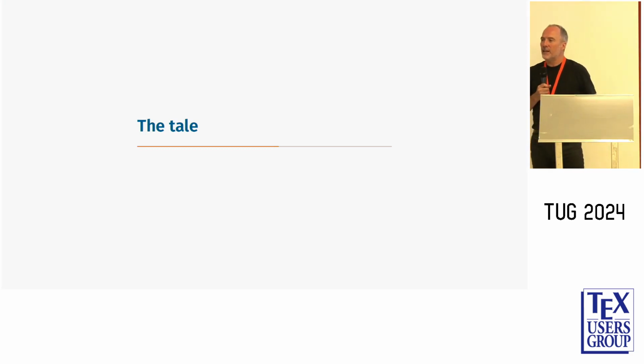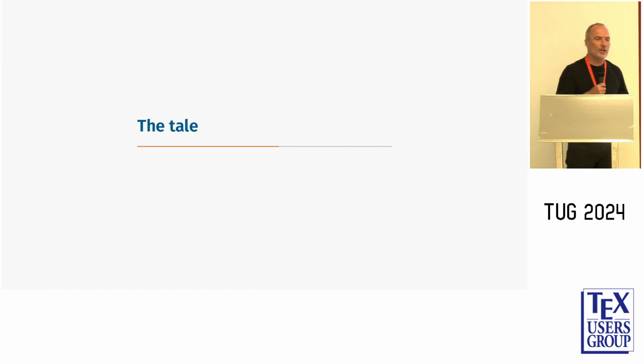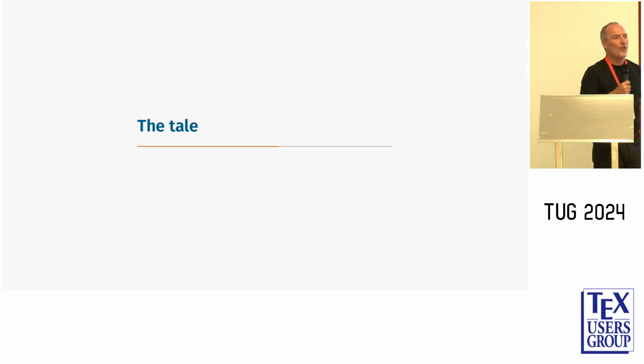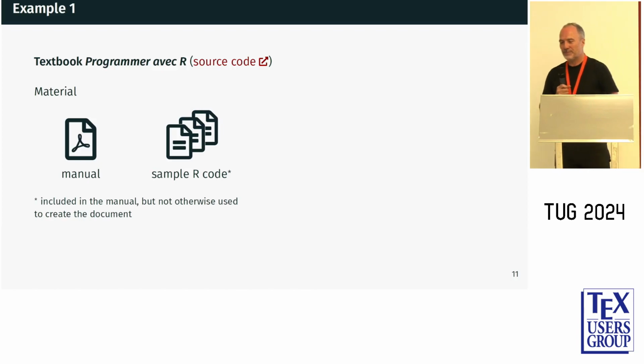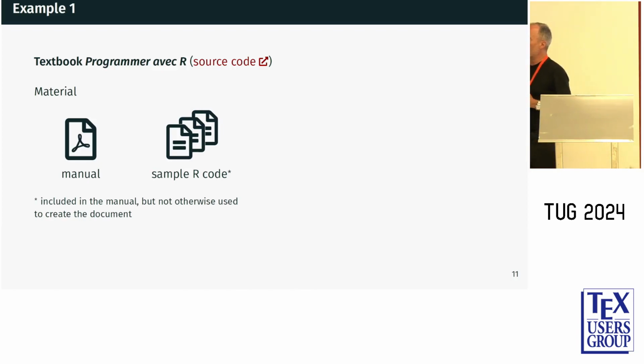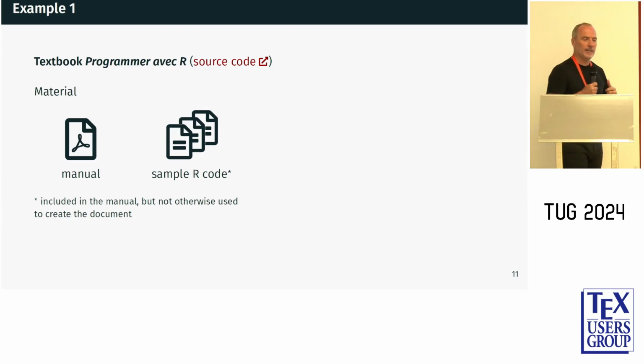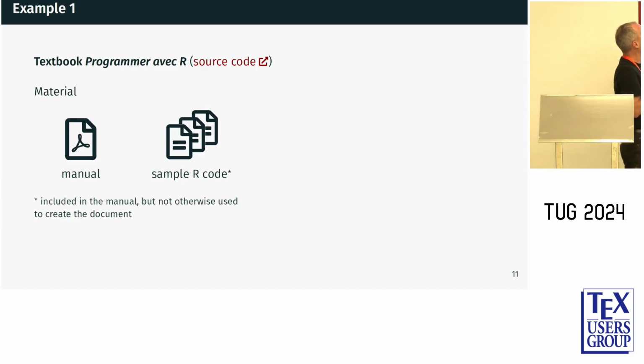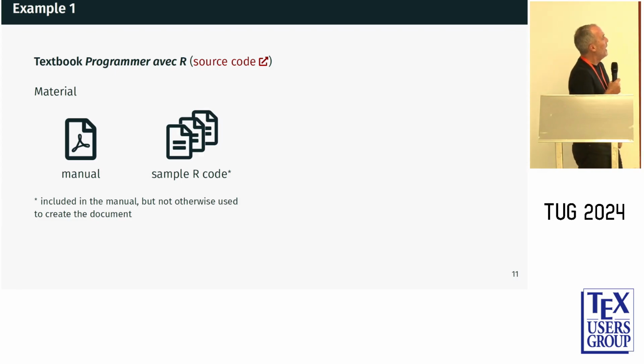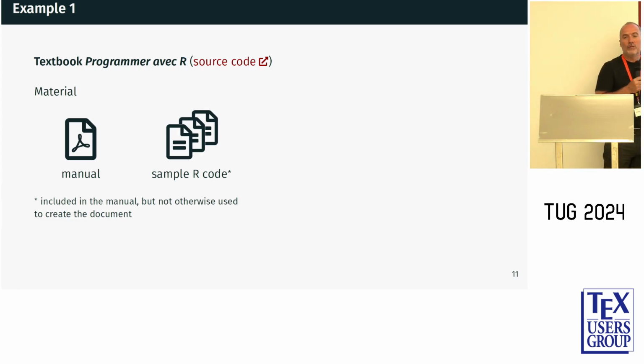Okay, so here are a couple of examples. So I'm still not showing the trick. I'm still just showing you what I was trying to achieve. So I have one document, one textbook that I wrote for my students on programming with R. And so basically I have the text of the manual, of course.